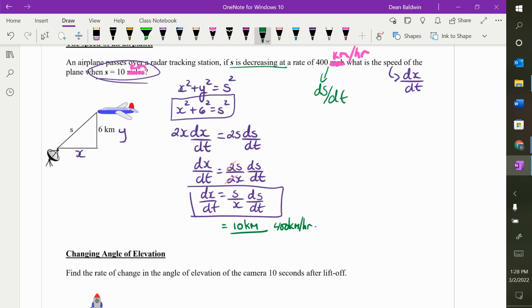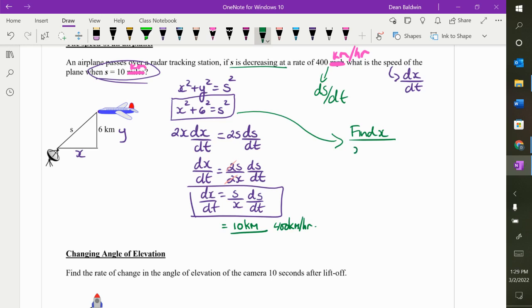How do I find x? You put it into that formula, right? Because the 6 is constant, and they tell us all this is happening when s is equal to 10. So if that's constant, and they tell us this is 10, I can use the formula to figure out x.